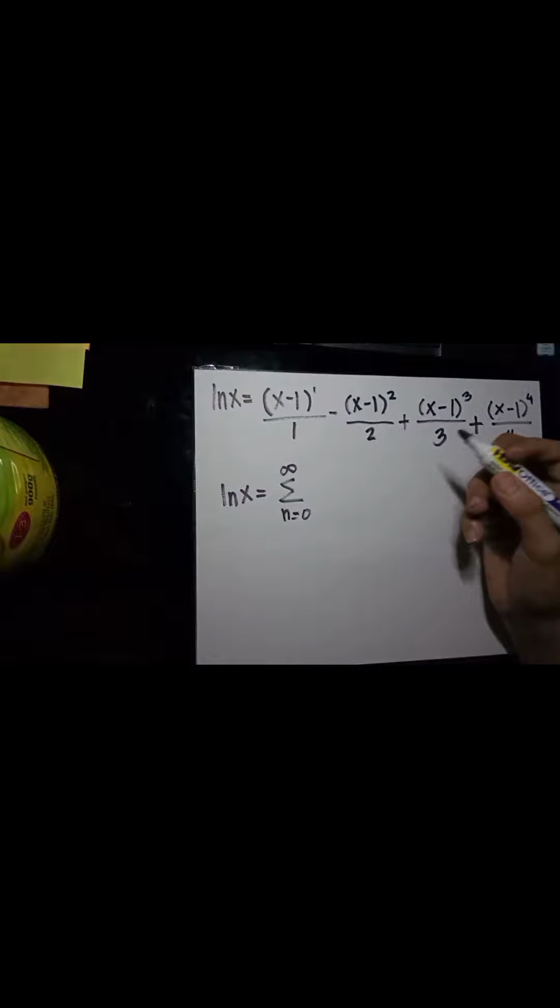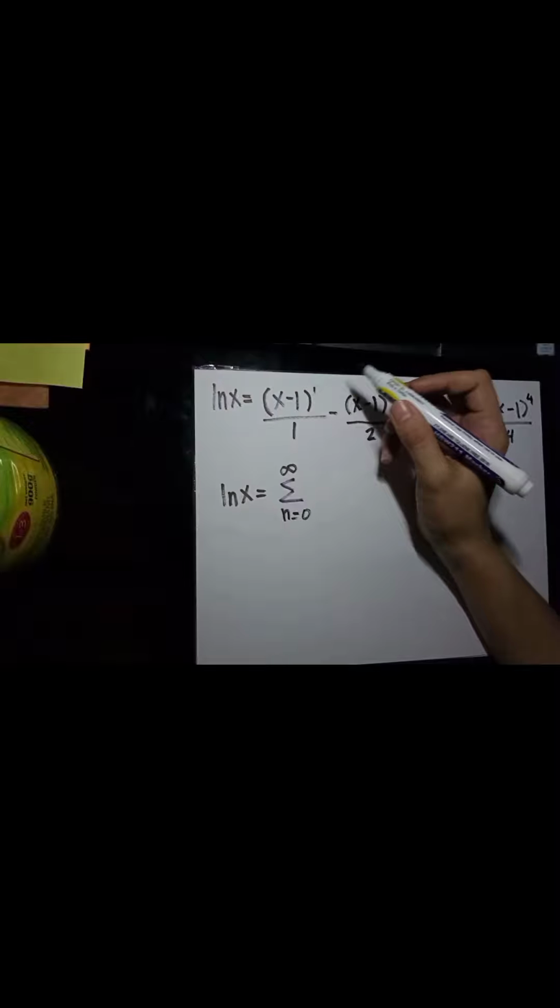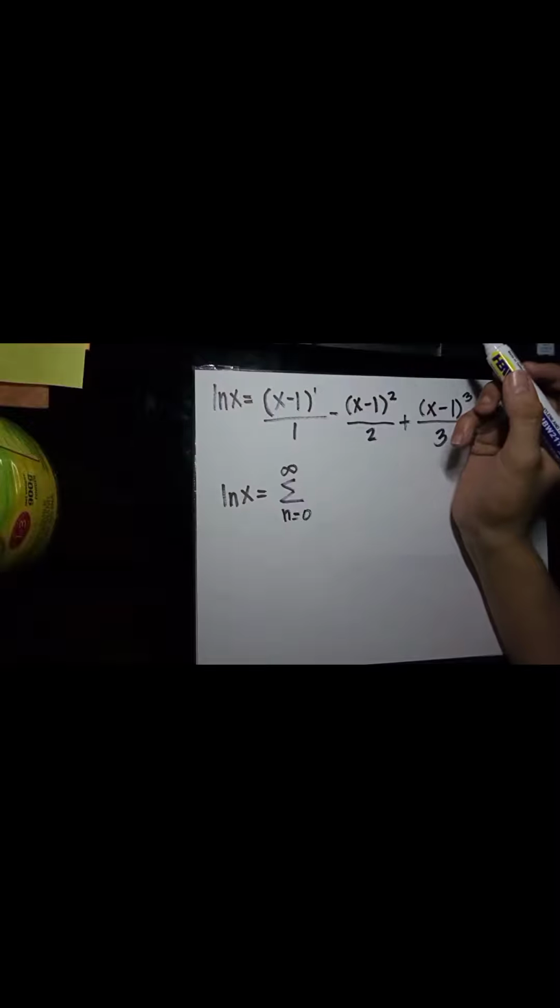When n is equal to 0, we need to get 1 as an exponent; when n is 1, we need to get 2; when n is 2, we get 3.